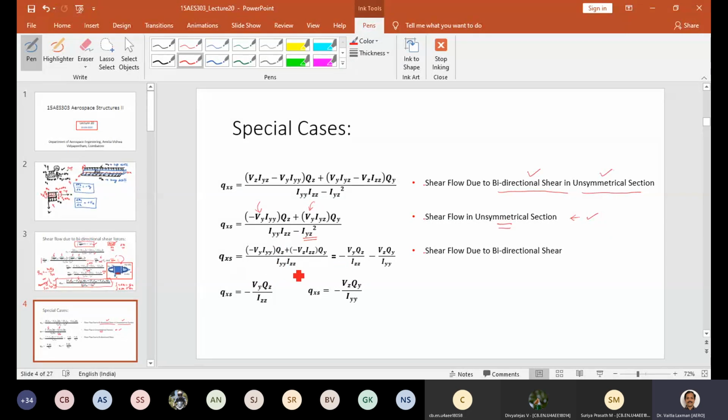The third one has no Iyz, that means definitely a symmetrical section, but both Vy and Vz are present, bidirectional, acting on a symmetrical section. Whereas this case is either this or this: unidirectional shear force acting on a symmetrical section. It can be Vy or Vz. Here it is 'or', and there it is 'and'.